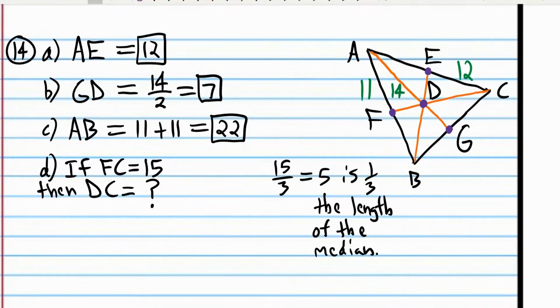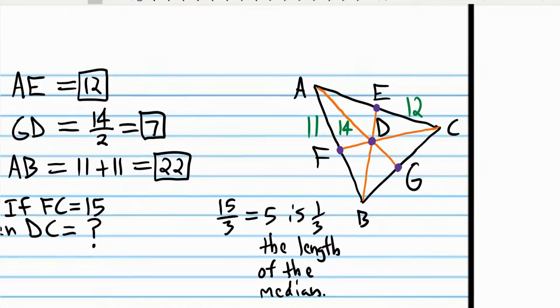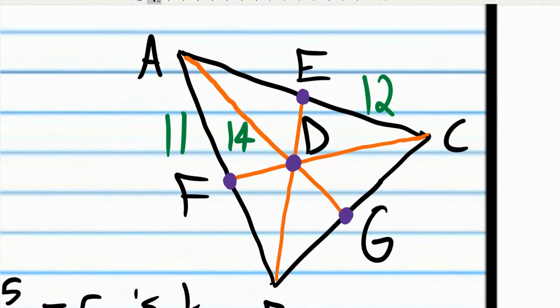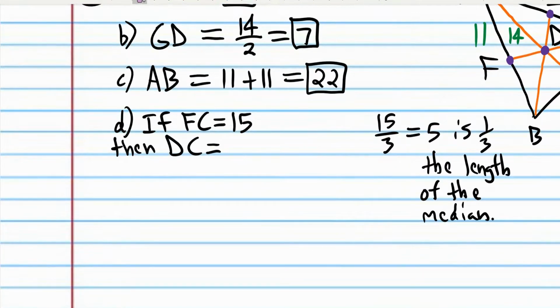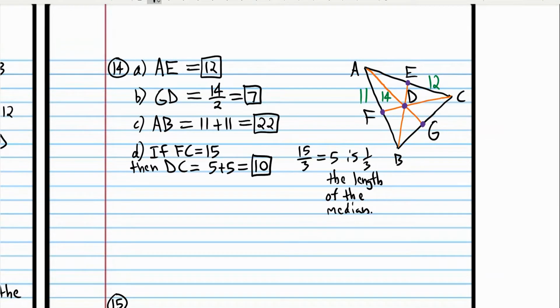So 5 is 1/3 the length of the median, and we're looking for DC, and DC is 2/3 the length, so that's 5 plus 5 is 10. So DC is 5 plus 5, which is 10. All right.